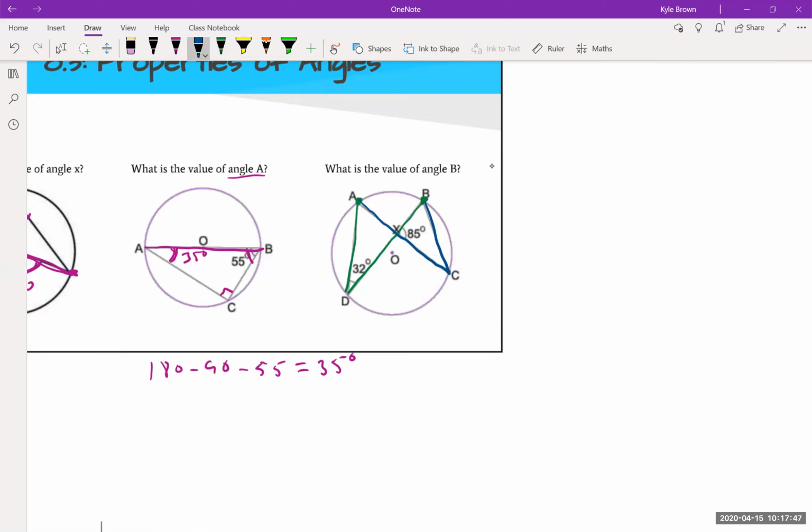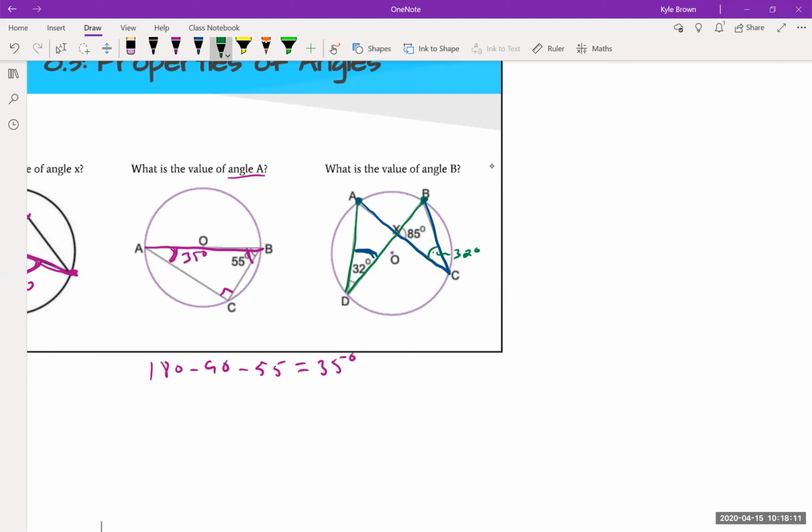Then in that case, I can say, okay, well, if that's 32 degrees, then property number 2 that we learned there said that any inscribed angle subtended by the same 2 points will always be the same angle. So what we can do from that, I can say, okay, well, if that's 32 degrees, then that is also 32 degrees.